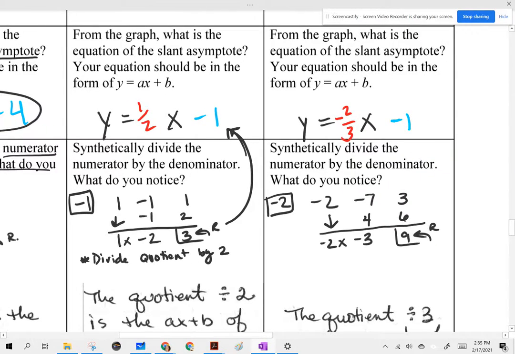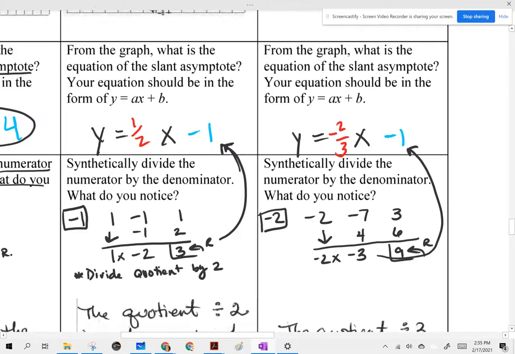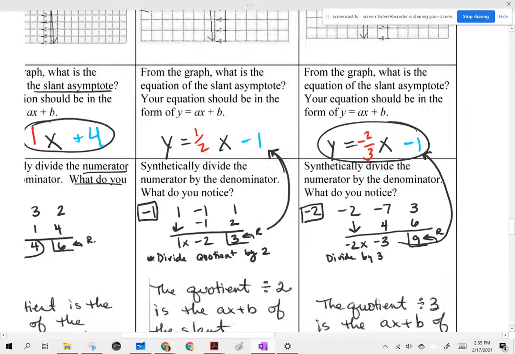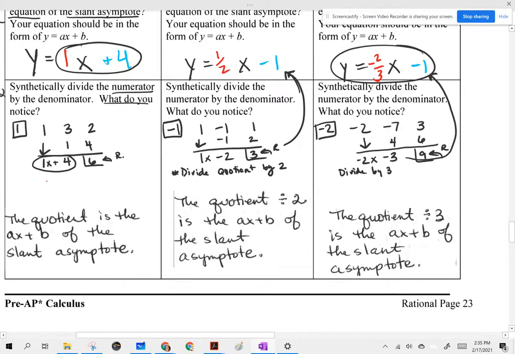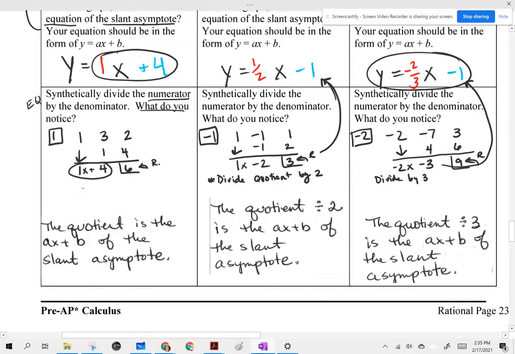And then right here, in order for my answer to look like this, it looks like I would have to divide by 3, right? So I would have to divide by 3 in order to get it to match the equation of that slant asymptote. And so the question is, well, why do I have to divide by certain things? I'm going to answer that question in just a moment.